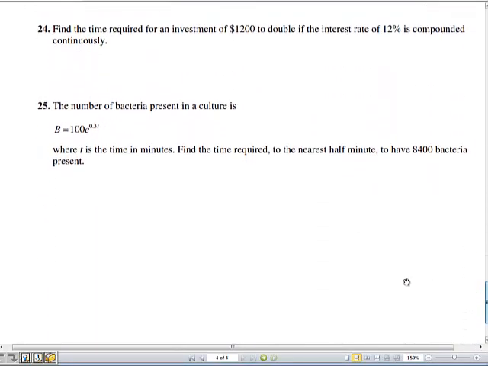Alright, last one. The number of bacteria present in a culture is given by this equation, where T is time in minutes. Find the time required, to the nearest half minute, to have 8,400 bacteria. So my 8,400 is B now.